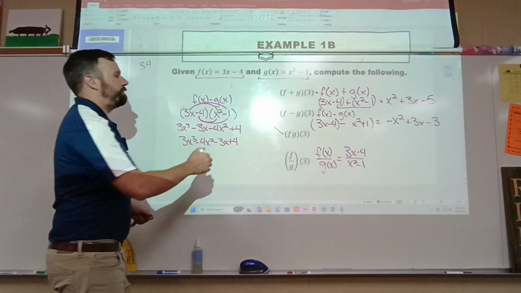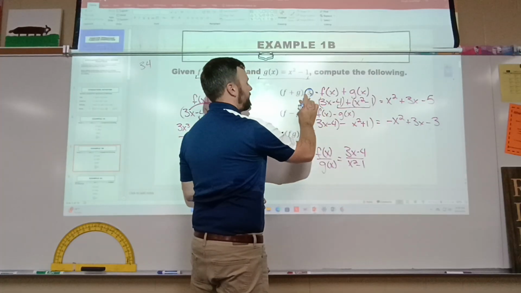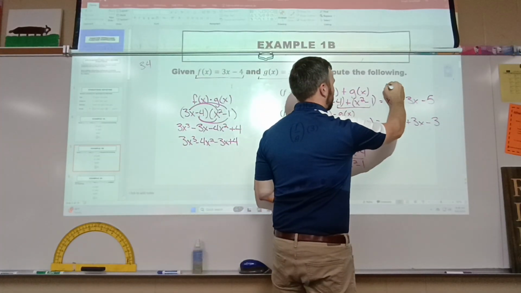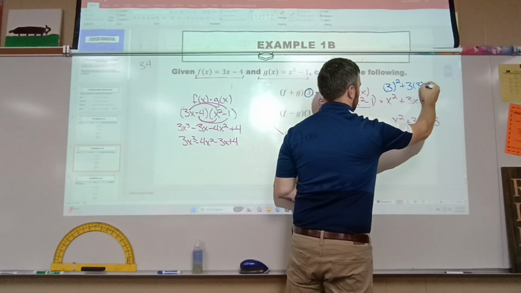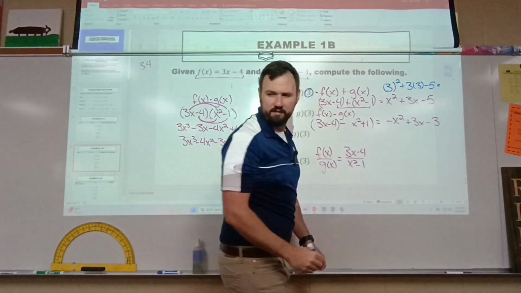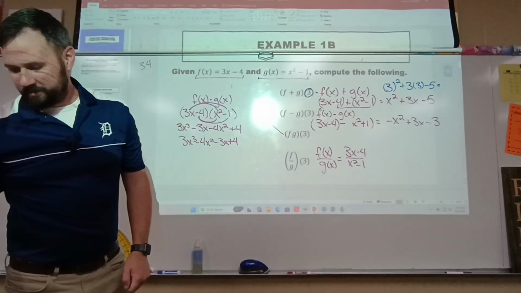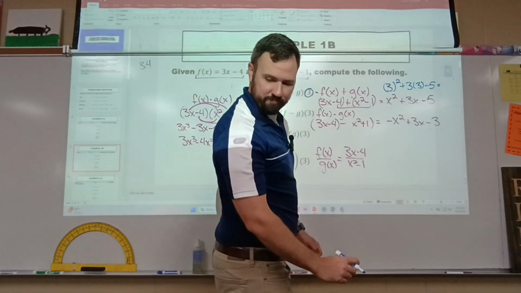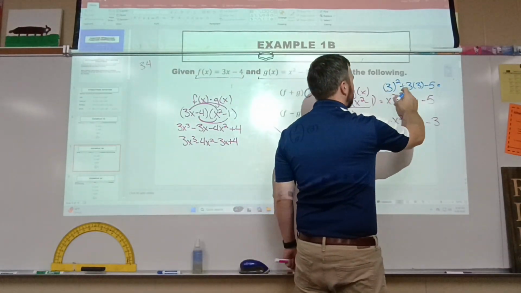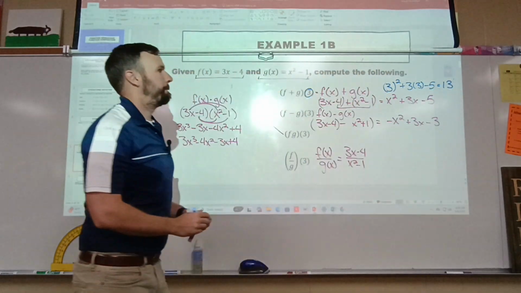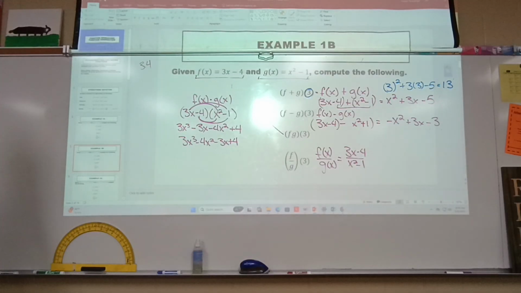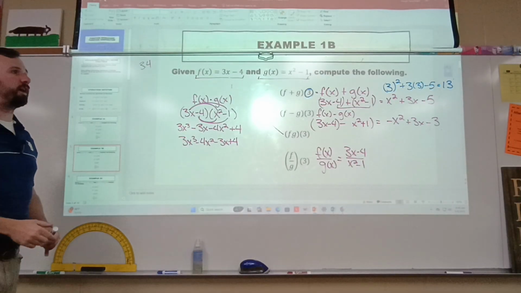So if it's f plus g of 3, I take that 3 and I plug it in for x. So what's that? 9 plus 9 is 18, 13, right? Any questions what you do here now? So you plug in that for your x.